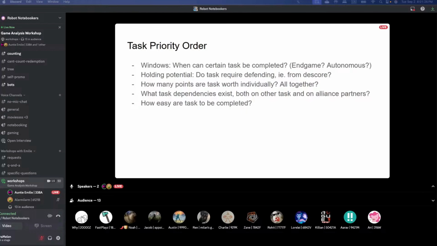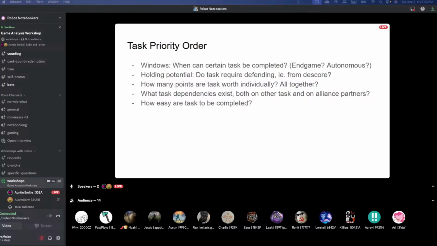An example of a task that's dependent on your alliance partner would be double park. And the more dependencies a task has, usually the more difficult it's going to be to achieve, and that might mean that it's either lower on your priority list if it's just not worth that many points, or if those points can be made up another way, or it might push it much higher on your priority list because it's difficult to achieve, and you have to have a lot of setup for it, and you want to make sure that you can get everything actually achieved with that.